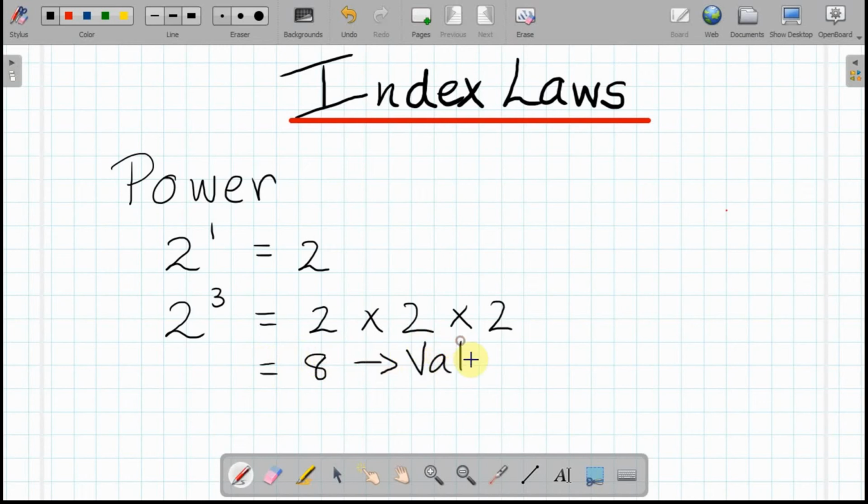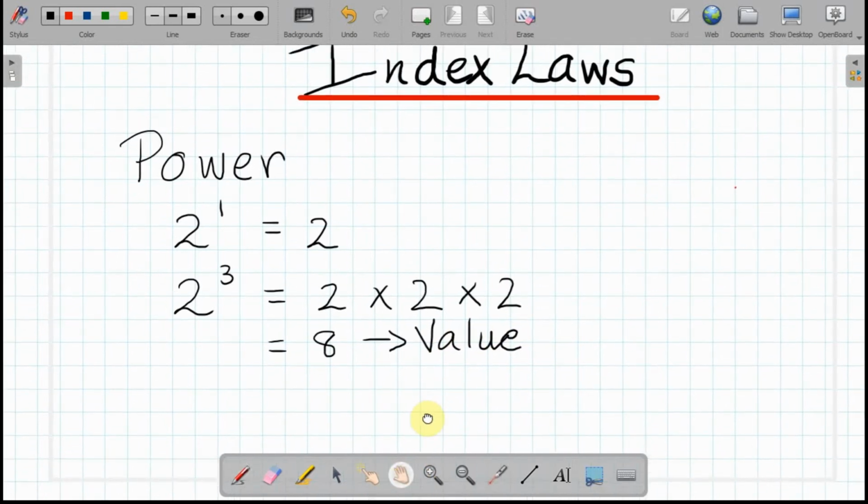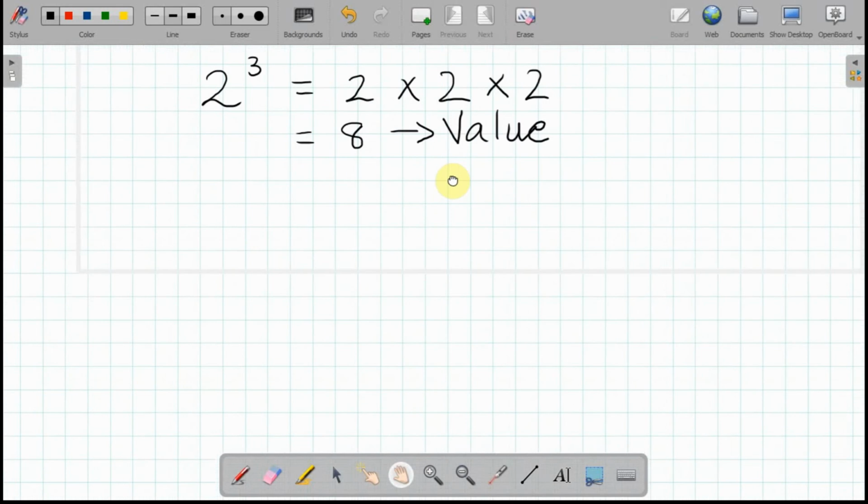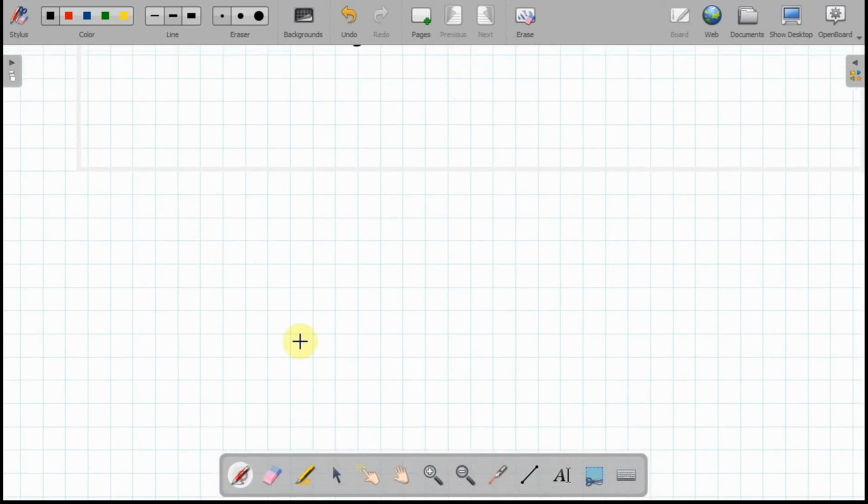Okay, so we're going to look at some index laws today, and hopefully this will help. It's a very interesting topic. So if I have 3 to the power 2 times 3 to the power 4, what this would really mean is 3 to the power 2 is 3 times 3, right?